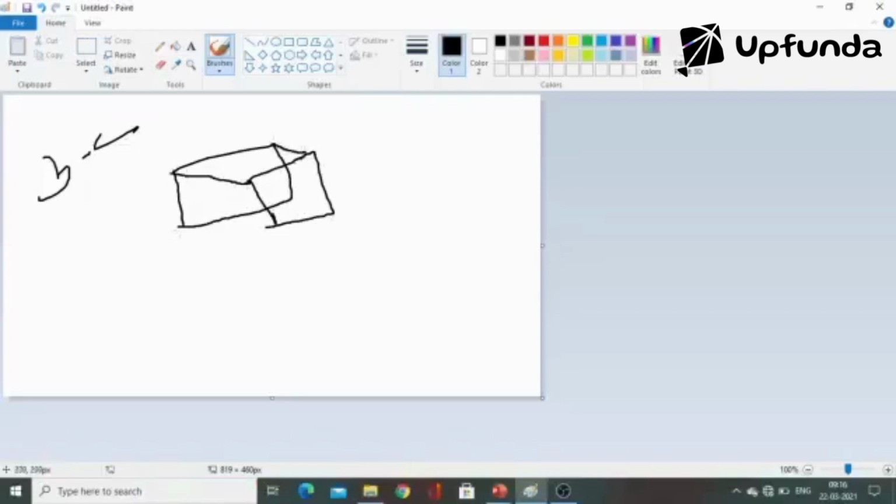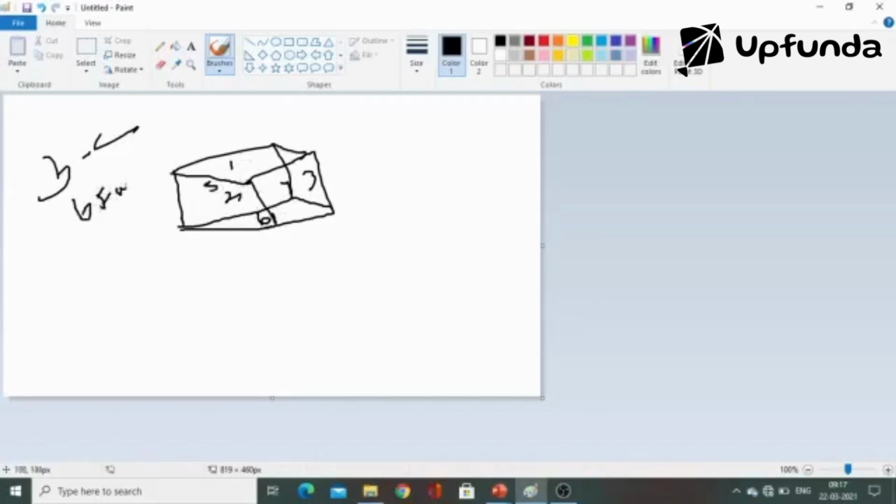Okay, this is a rough cube, so don't worry. A cube always has 1, 2, 3, 4 on the sides and 5, 6. So there will be 6 faces for each cube.